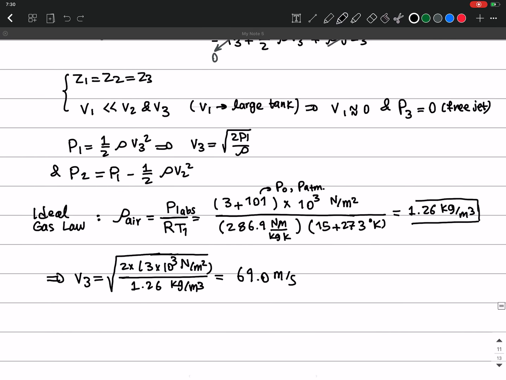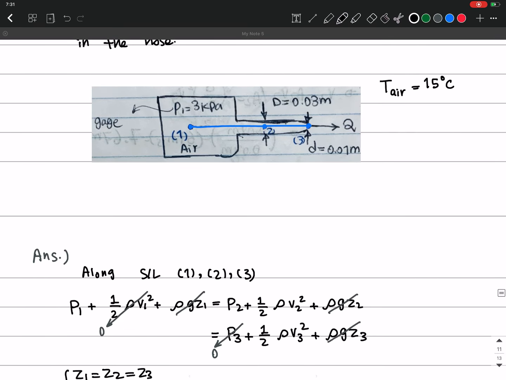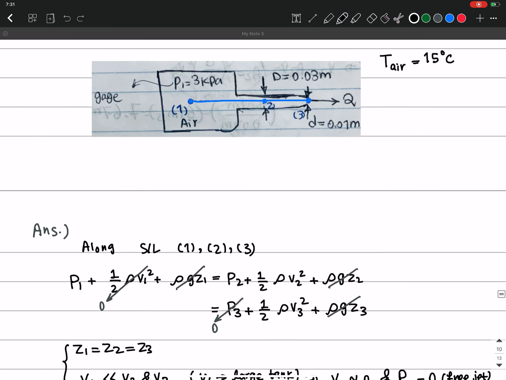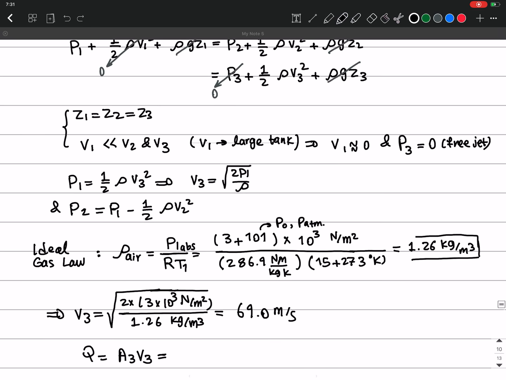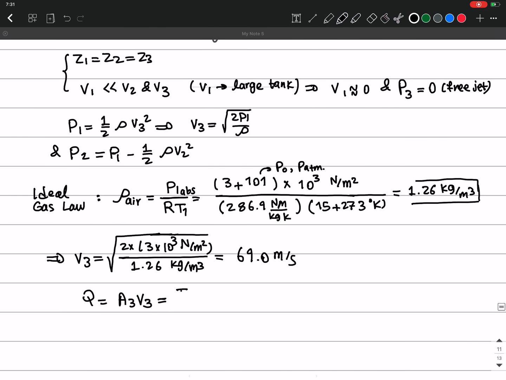So Q is going to be A3 V3. Here the cross-section is a circle, and we have the diameter, so the area is pi over 4 of D square times V3.